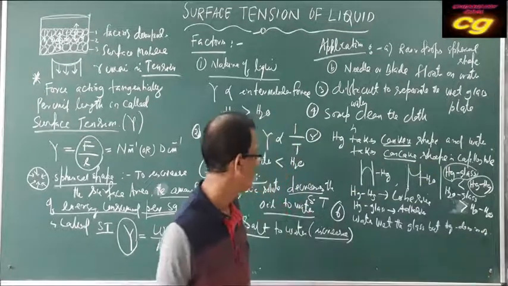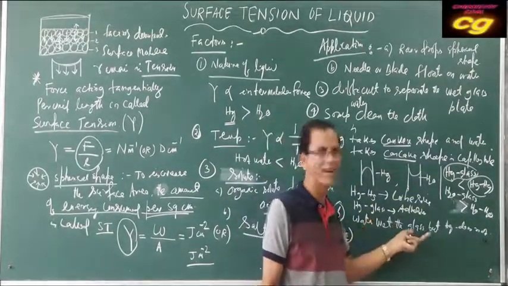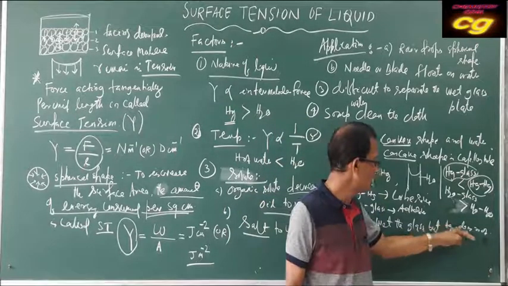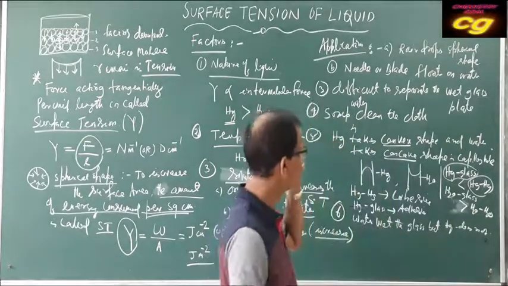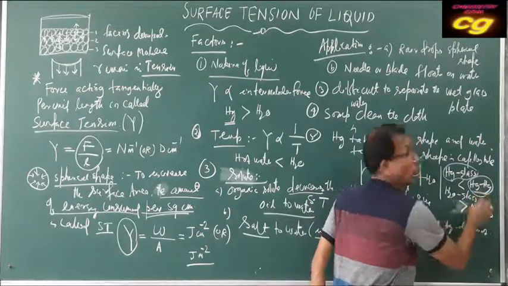Already we have seen, if you touch water to glass, then water drops stick to the glass, but mercury does not wet the glass, because mercury's attraction to itself is more.